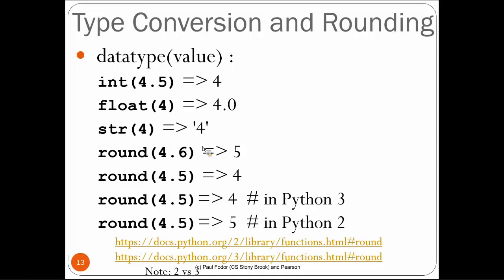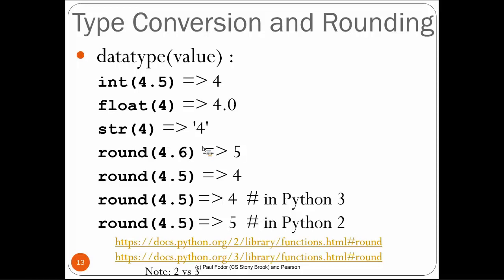That is the IEEE standard, adopted in the early 2000s: when you round a number that is 0.5 away from two integers, we always select the even one. So round of 4.5 will be 4, round of 5.5 will be 6 in Python 3.